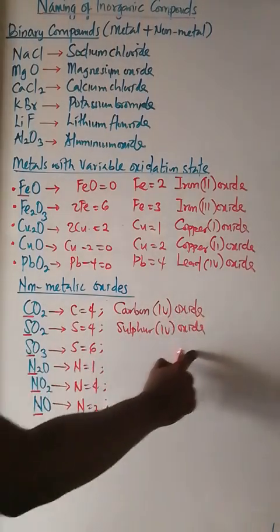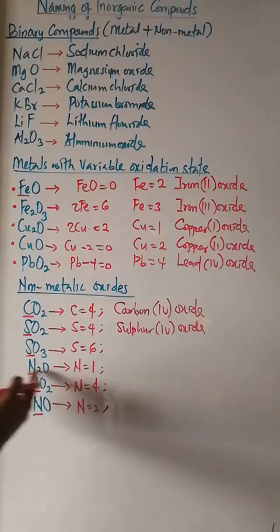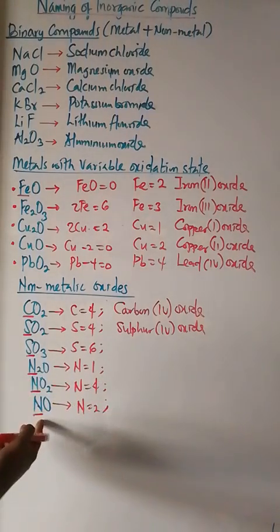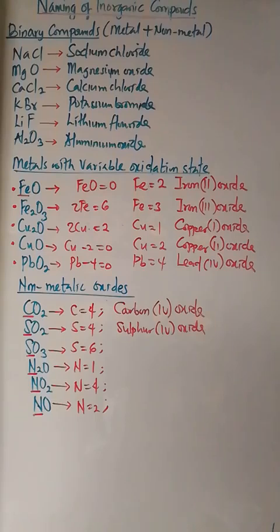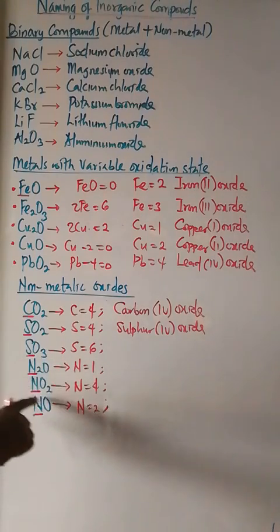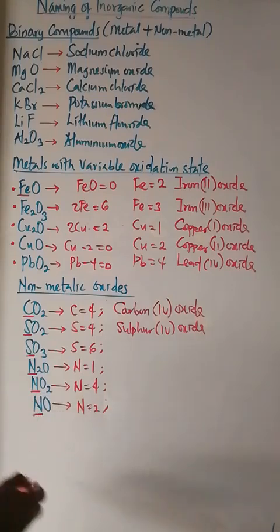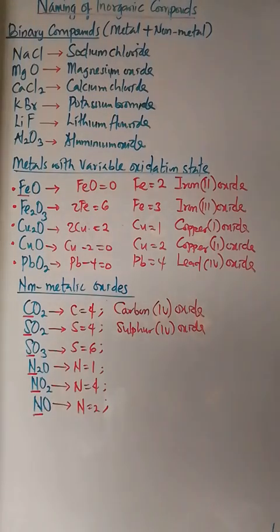This is sulfur(VI) oxide. This is nitrogen(I) oxide, nitrogen(IV) oxide, nitrogen(II) oxide. So when you call this one nitrogen(I) oxide, you're looking at nitrogen being 1 here. This one is nitrogen(IV) oxide. Where is the 4 coming from? This one is nitrogen(II) oxide. Where did they come from? That is what you just learned now.